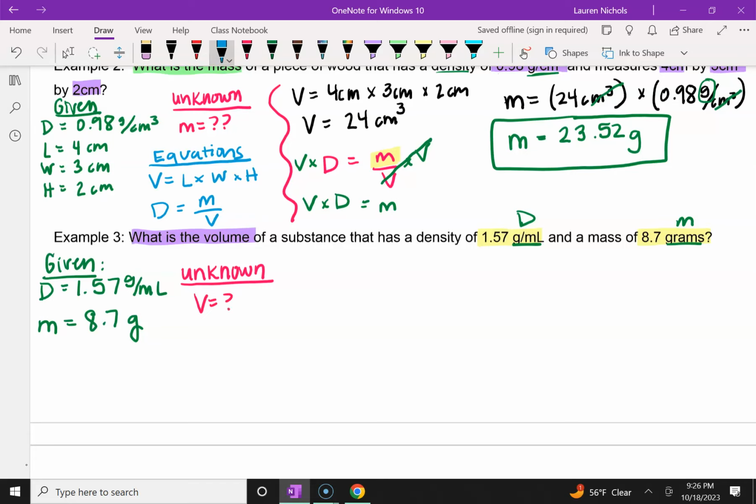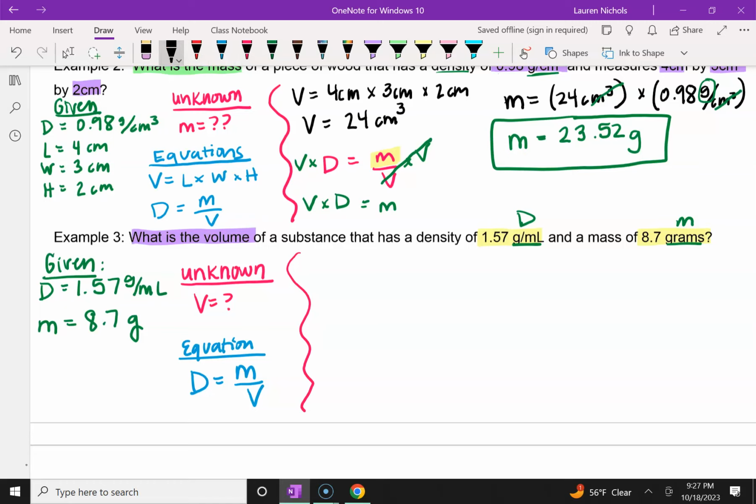And the only equation that we need based on what we have is going to be our density formula. We know density is equal to mass over volume. The problem is we know that this equation is going to be solving for density and we need volume.